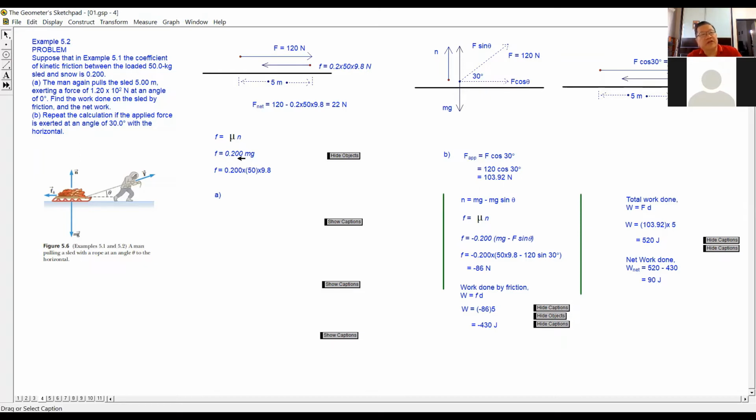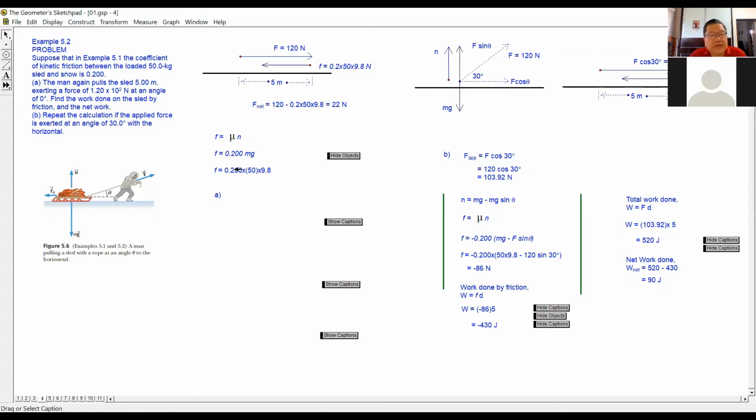The normal reaction you have to know; they will not tell you how much it is. In this case, the normal reaction equals mg, because if you look at the diagram here, mg is acting downwards and the normal reaction is acting upwards. So the normal reaction equals mg.